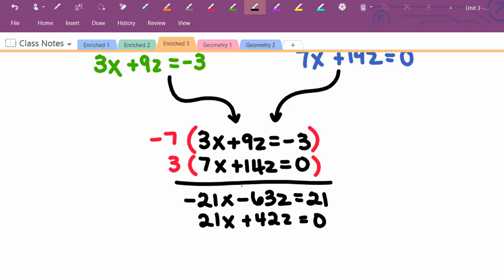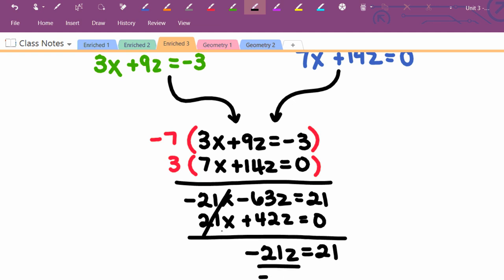Plus 42z. Now, we're going to add these together. What do I get if I take negative 63 plus 42? Negative 21z is equal to 21, divide both sides by negative 21. What does z come out to have as its value?